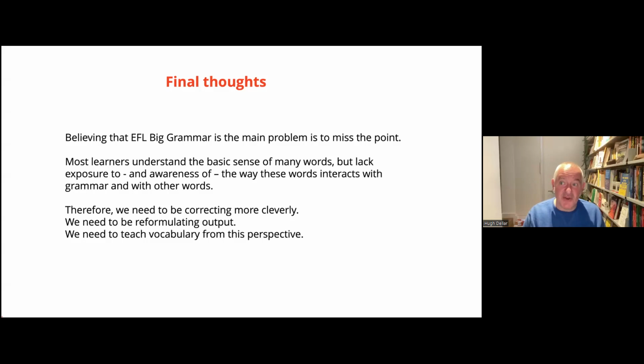That's basically not the biggest problem students have. They've already met most of the grammar they're ever going to need. Most students understand the basic meanings of a lot of words. What they don't have is kind of experience of and an understanding of the way in which those words interact with grammar and with other words.